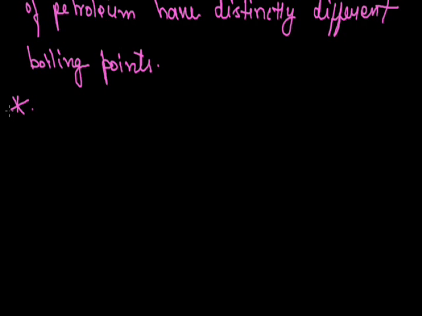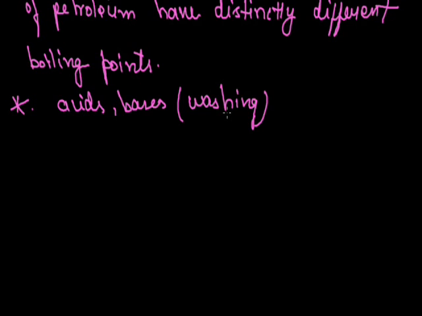Crude oil is piped to the refinery from a well. First of all, the crude oil is washed with acid and bases, because acid will remove the basic impurities, and base will remove the acidic impurities. Crude oil is now heated at about 673 Kelvin.